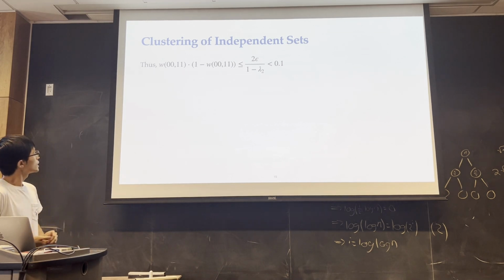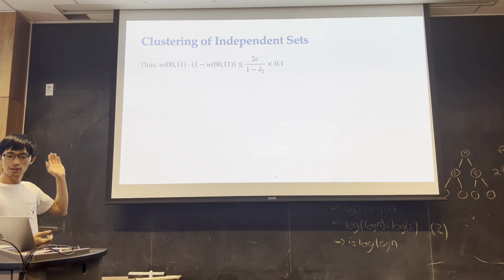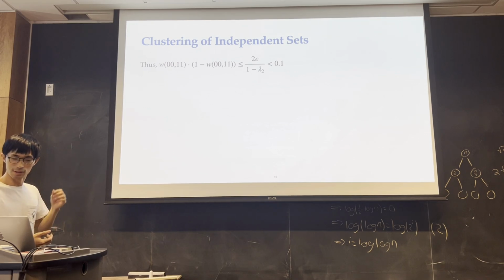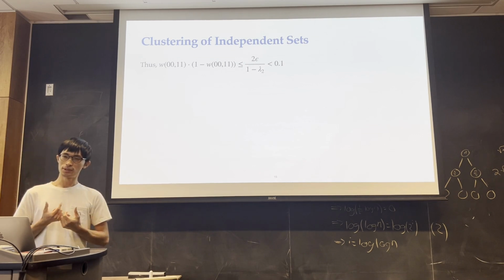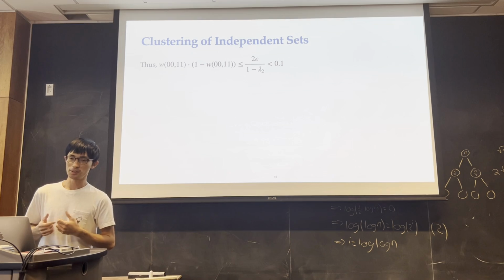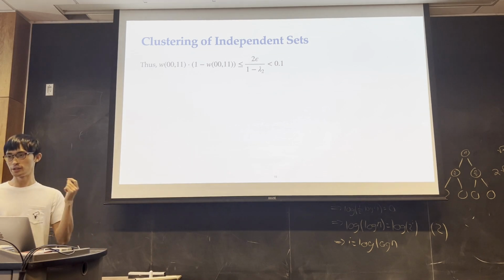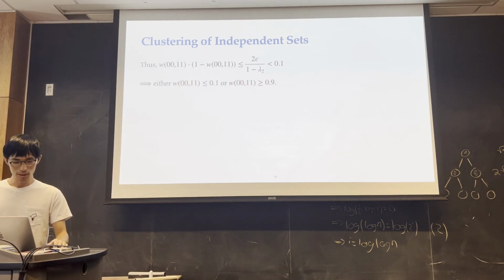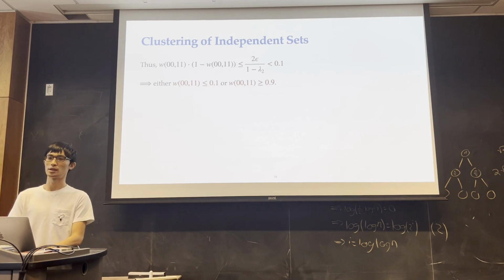Notice that the left-hand side is a quadratic polynomial: a number times 1 minus that number. If this is very small, it must mean that this number is very big or very small. So either it is below 0.1 or at least 0.9.